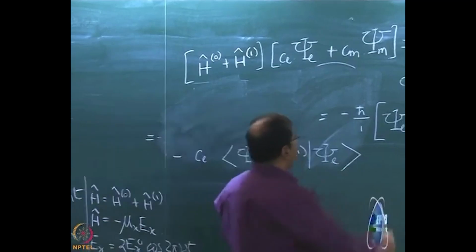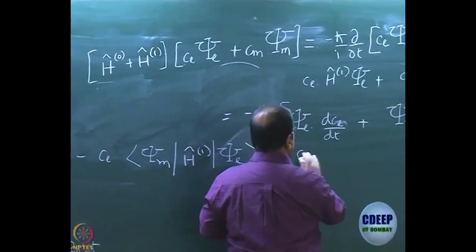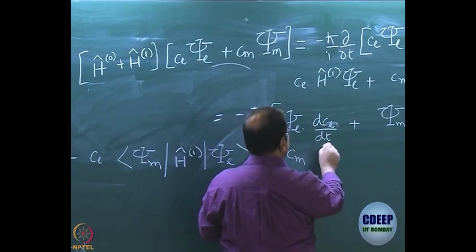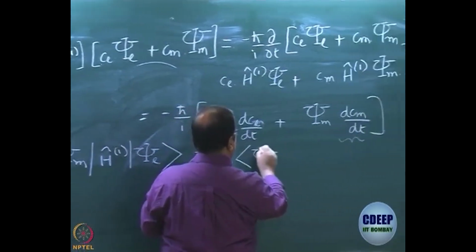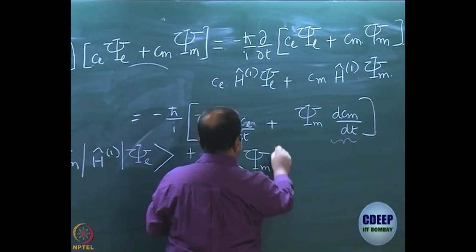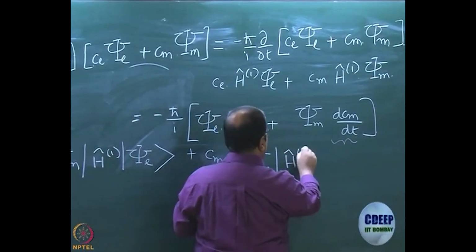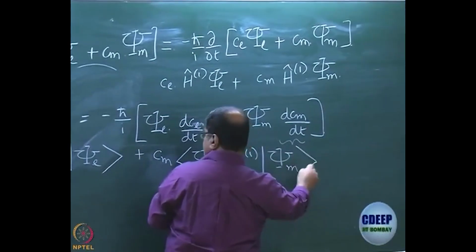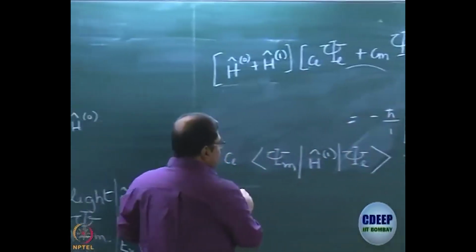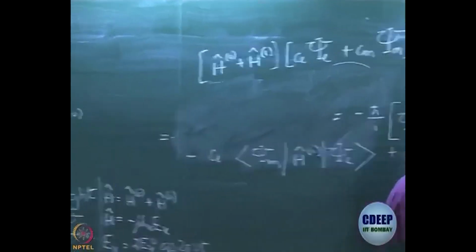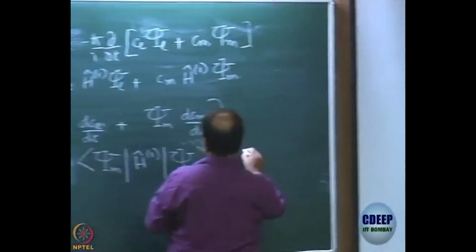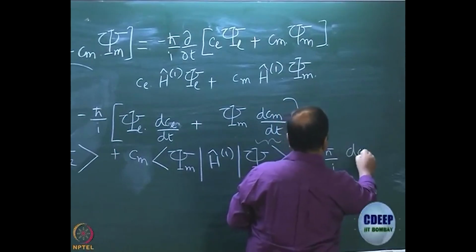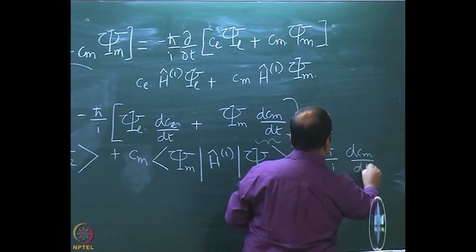Space plus Cm integral capital psi M H1 capital psi M is equal to minus h cross by i dCm/dt.